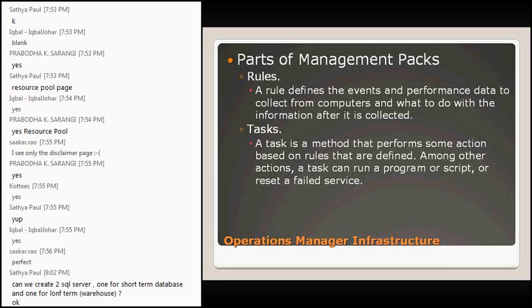If you keep a rule saying that if this particular service goes down, the task is to take the service back online. Because I have seen some third-party servers or services which sometimes go offline with no real information given to us.